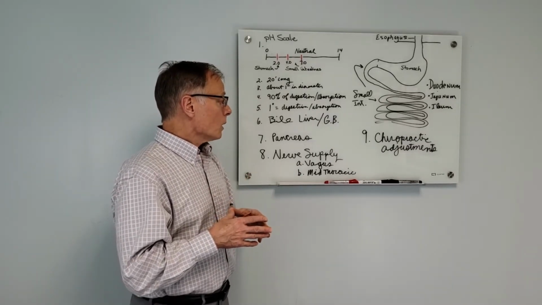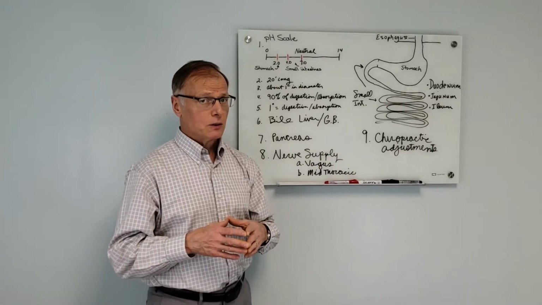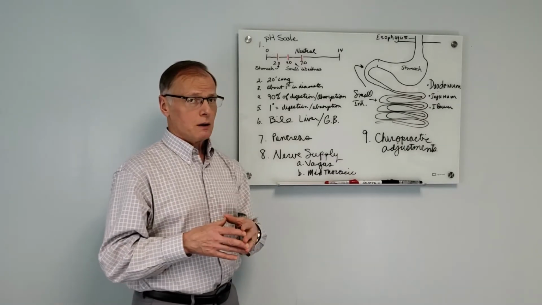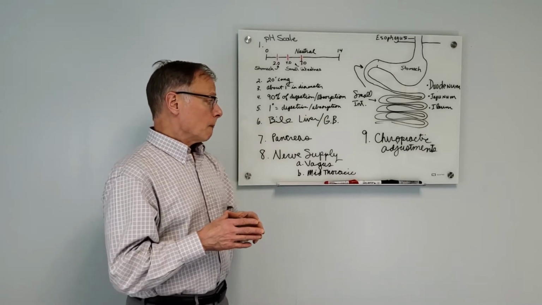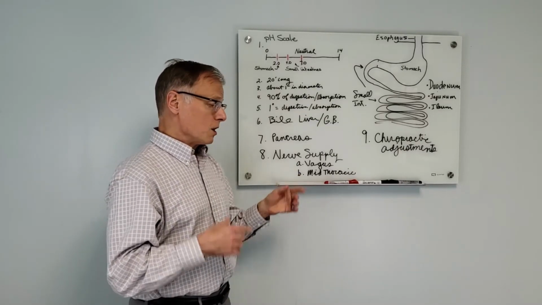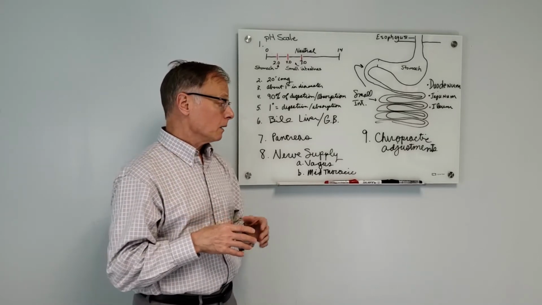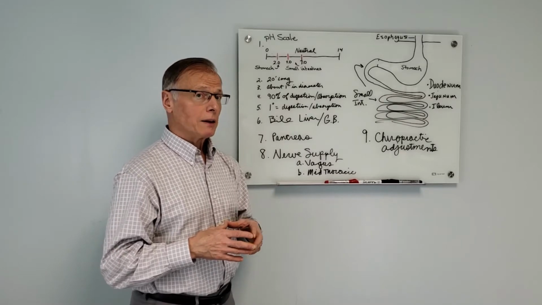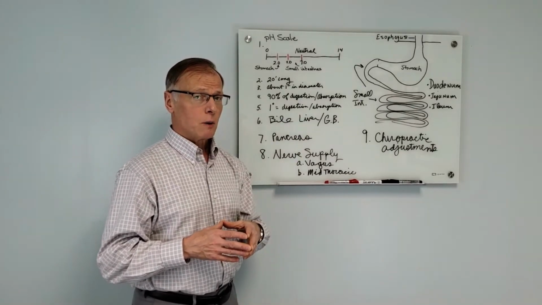Okay, now point number 9, chiropractic adjustments. Actually, chiropractic adjustments and pressure point therapy. Absolutely, when your spine is out of alignment, pinching the nerves that come out of the upper cervical spine and the mid-thoracic spine, you'll begin to get malfunction and a lack of absorption and digestion in the small intestines.